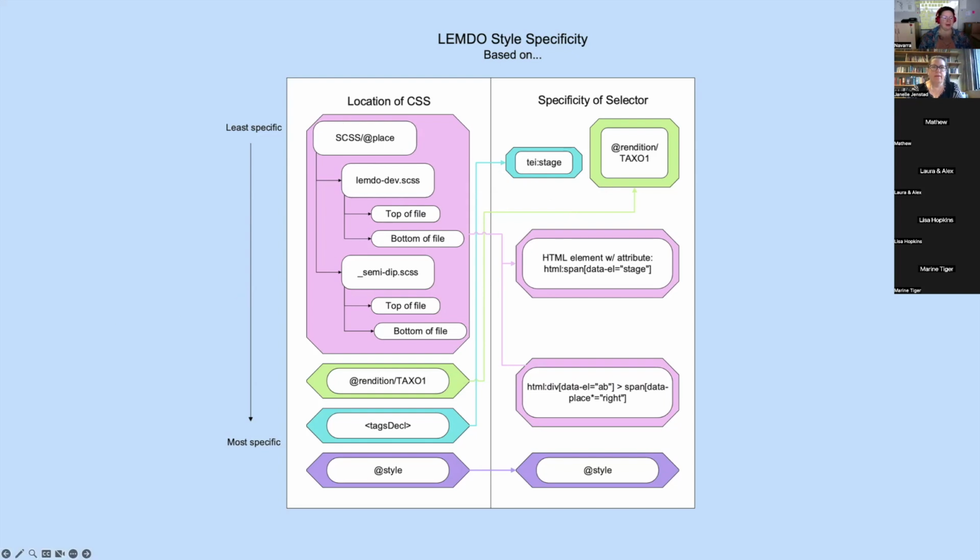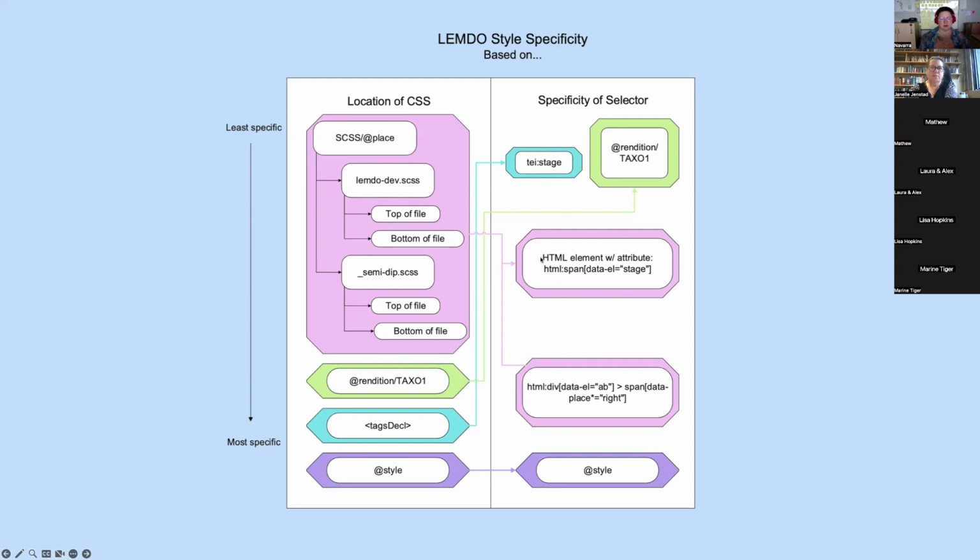Because in your tagsDecl, you're using a TEI element, it's seen as less specific than the HTML element, because an HTML element in the LEMDO case almost always has an attribute on it. Most of the time it's a data attribute. Whereas in our TEI, we can just say stage.